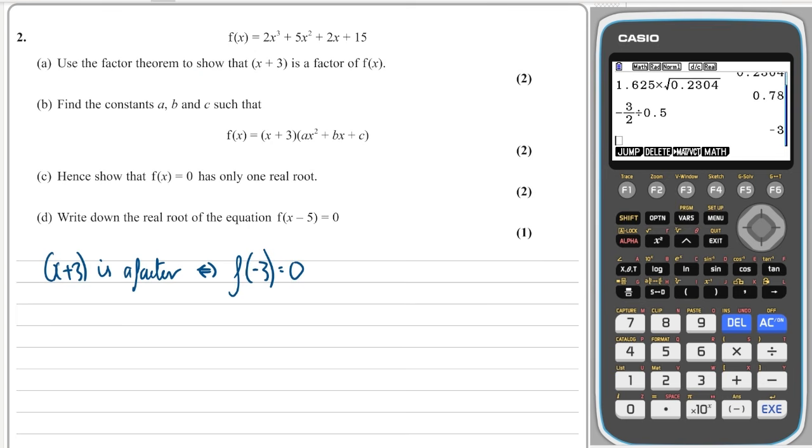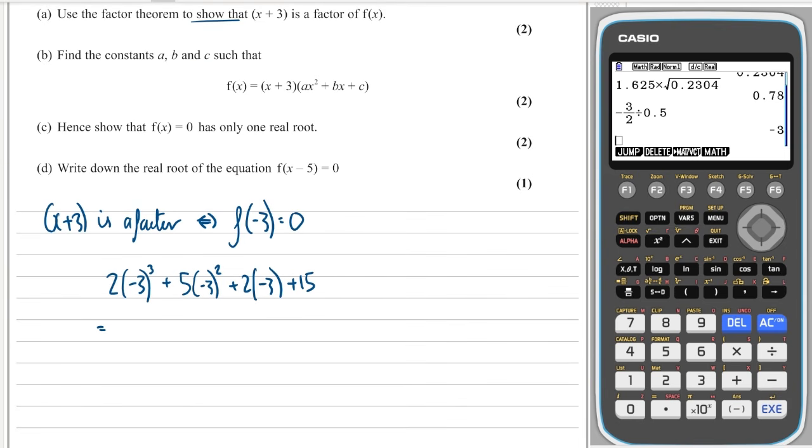Because it's a show that question as well, we're going to need to show every step. So I'd write 2 lots of minus 3 cubed plus 5 lots of minus 3 squared plus 2 lots of minus 3 plus 15. And I'll do those calculations.